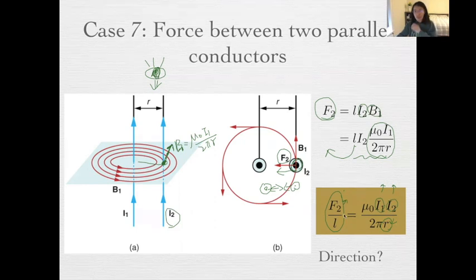So this equation in the yellow box gives the magnetic force per unit length between two current wires, and the direction in this case would be an attractive force. For I2, the force would be to the left. For I1, the force would be to the right.